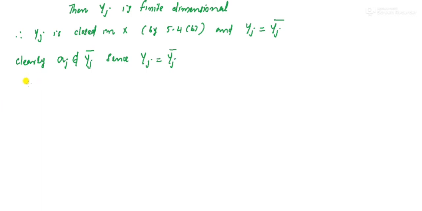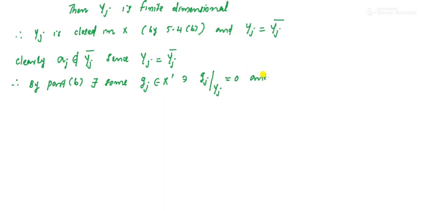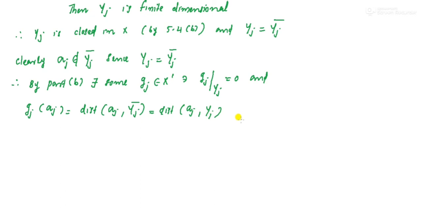Therefore, by part B of this theorem, we can say that there exists some Gj in X star such that this Gj restricted to Yj equal to 0 and Gj of aj equal to the distance between aj and Yj closure, but here Yj closure is Yj, so this is actually the distance between aj and Yj, and norm Gj equal to 1.